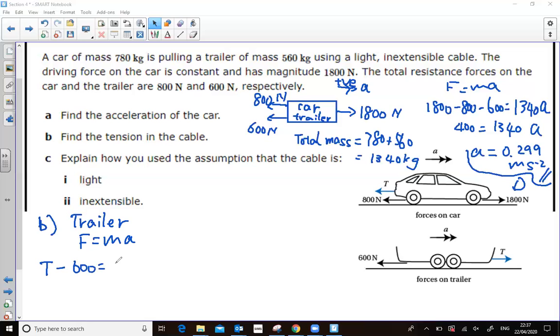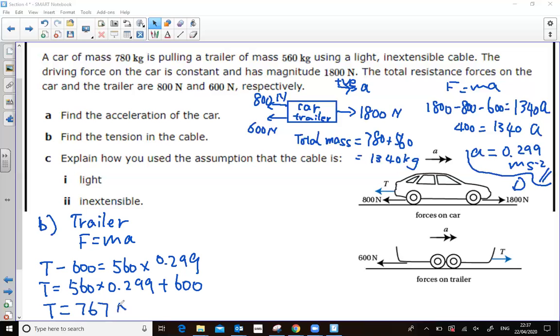And that equals the mass of the trailer, which is 560, times the acceleration, which is 0.299. So that means tension will equal 560 times 0.299, add 600. So the tension equals 767 Newton.